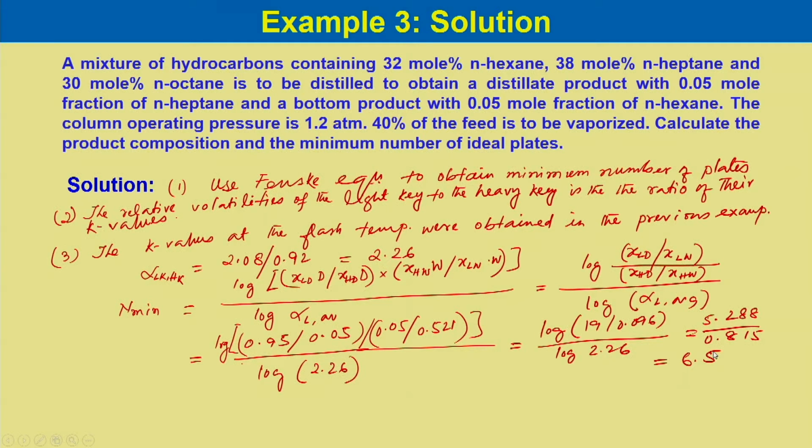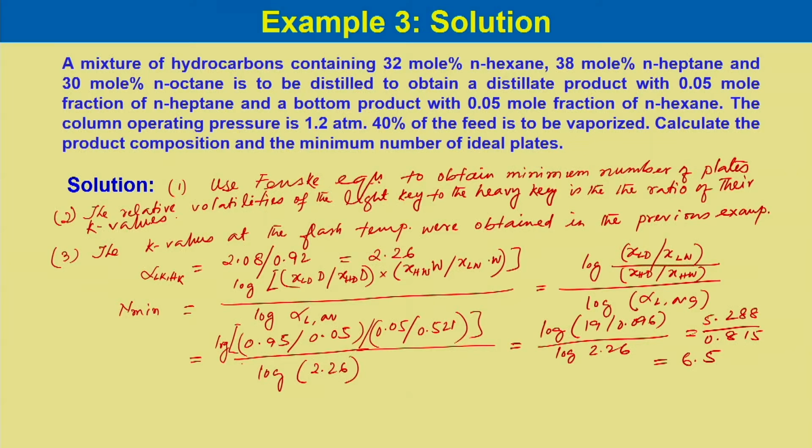So, this N minimum includes the reboiler, which is 6.5. So, the minimum number of ideal plates would be 6.5, or if we just subtract 1, that is the reboiler, it would be 5.5 ideal plates.